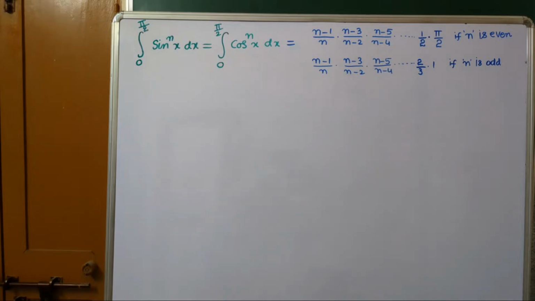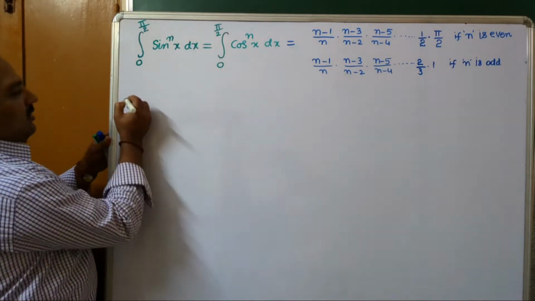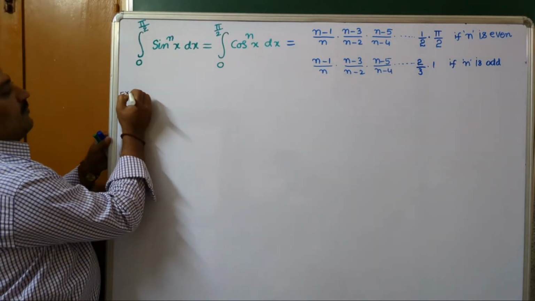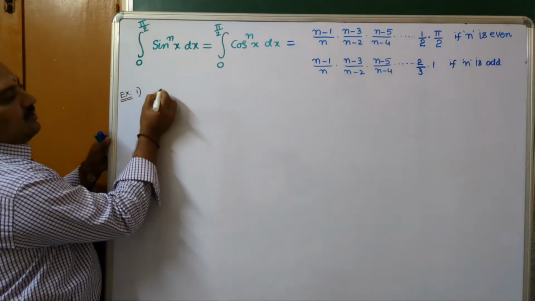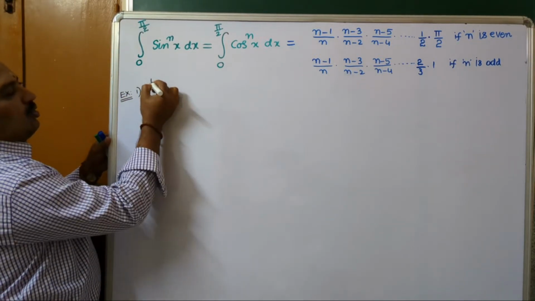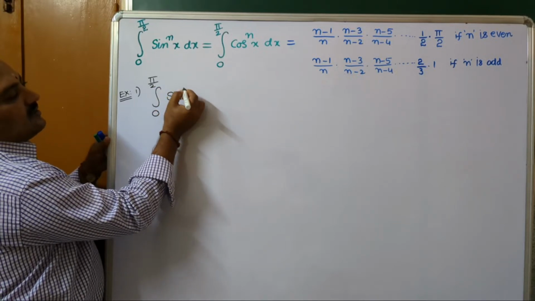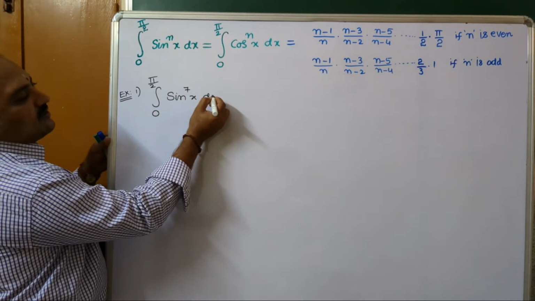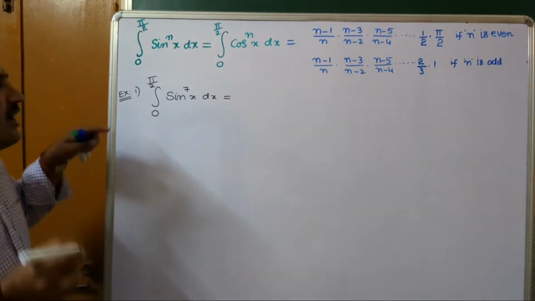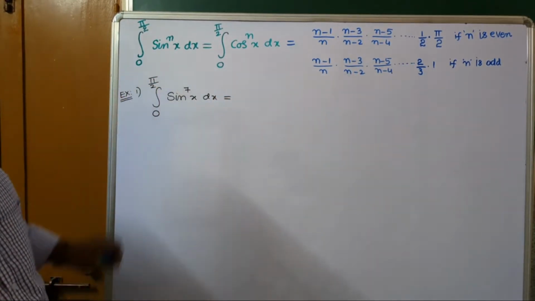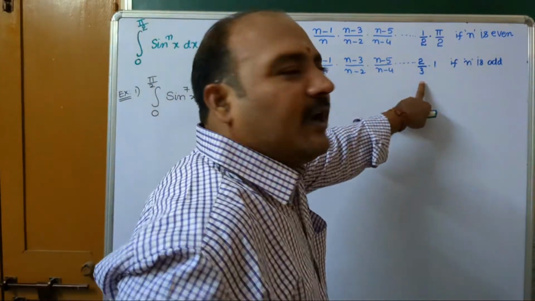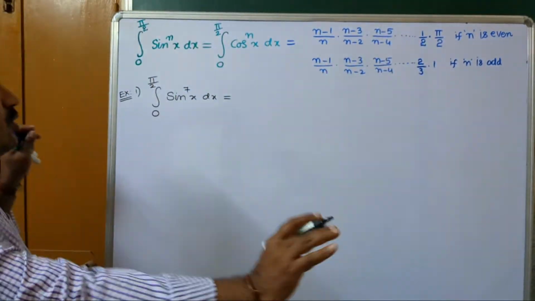First one, integral 0 to pi by 2 sin power 7x dx. Example 1: integral 0 to pi by 2 sin power 7x into dx. Here n is an odd number, clearly. N is odd means you should get 2 by 3 at last, and till there you should write it.